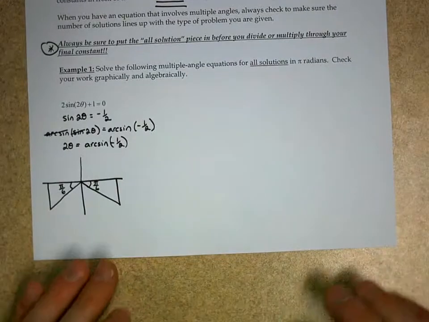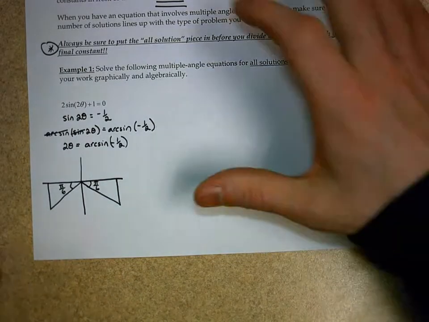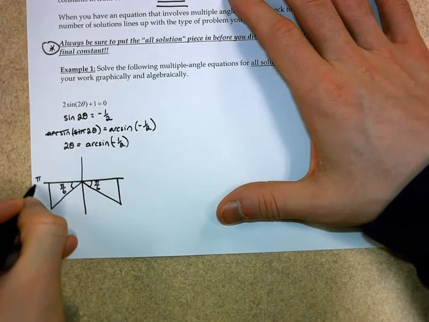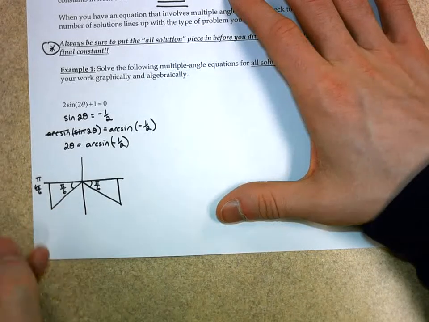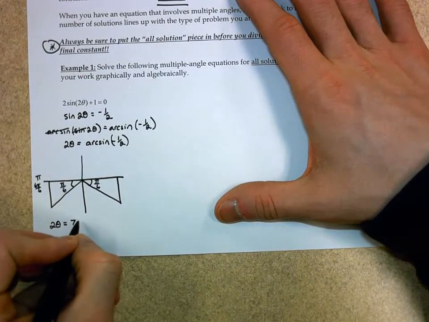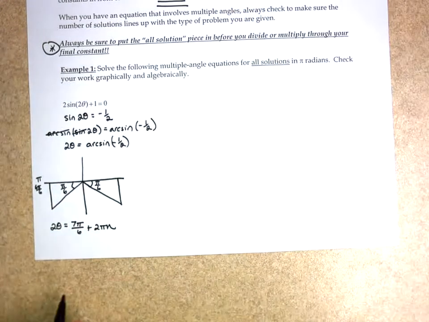reference angles. So if I look at that and I go around my unit circle, I know this is pi, which is 6 pi over 6, and that's 1 pi over 6 past that. So I know that 2 theta is going to be 7 pi over 6 plus 2 pi n.